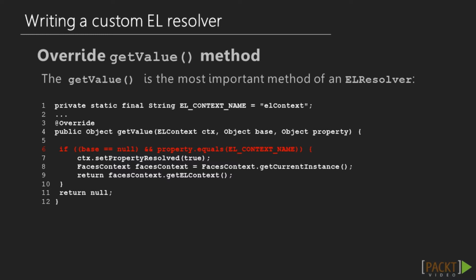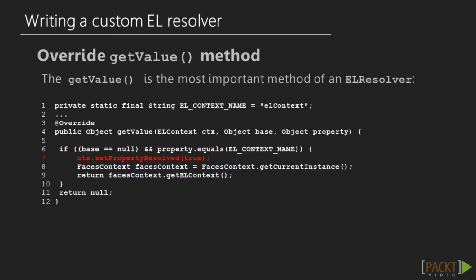As a note here, in an expression of type foo.buzz, first the property will be foo, afterwards buzz. For foo, the ELResolver class acts as a variable resolver, while for buzz, since there is the base foo, the ELResolver class acts as a property resolver.